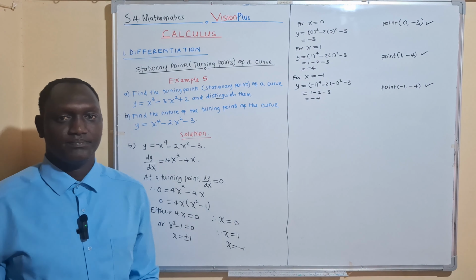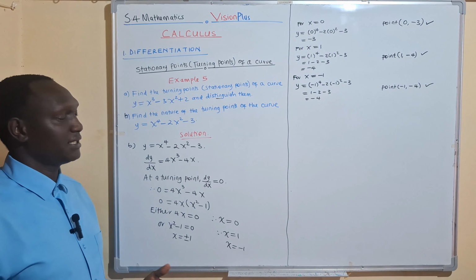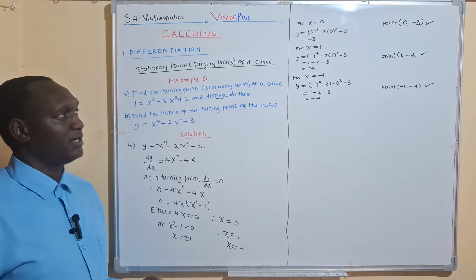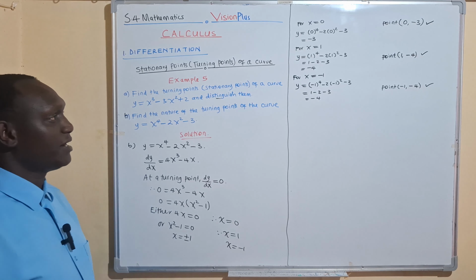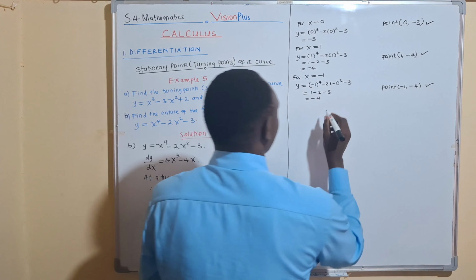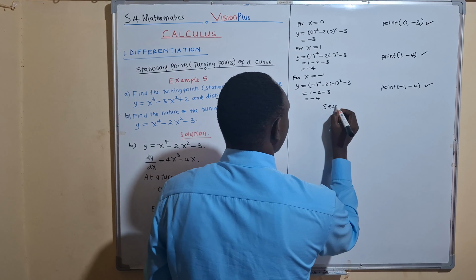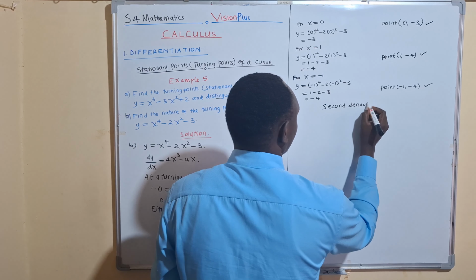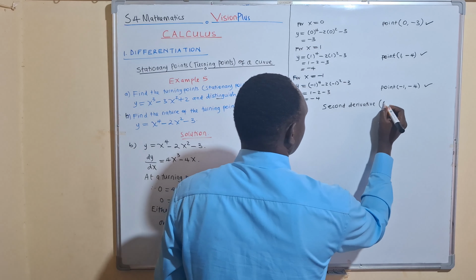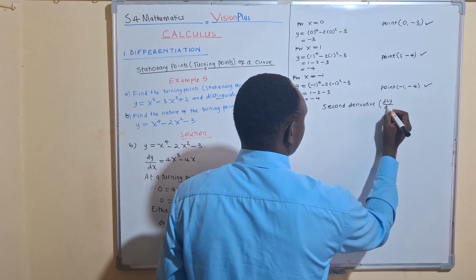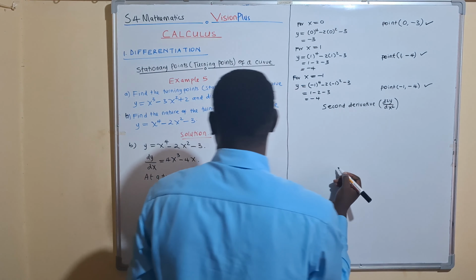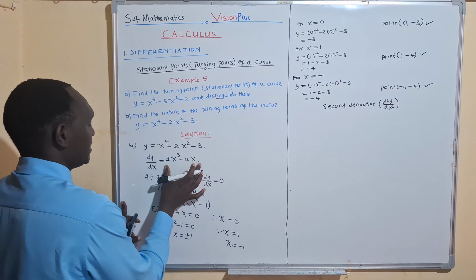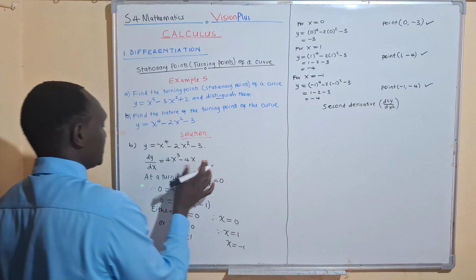Now let us judge. Let us tell their nature, whether each is a minimum, maximum, or a point of inflection. And we do that by getting the second derivative of this curve, which is d squared y over dx squared. That means we need to differentiate the function of the curve for the second time.